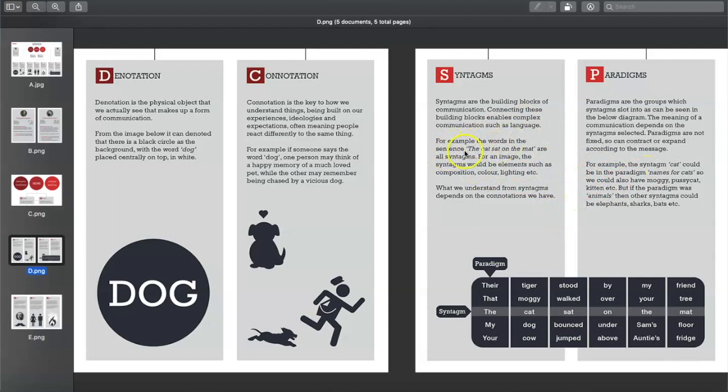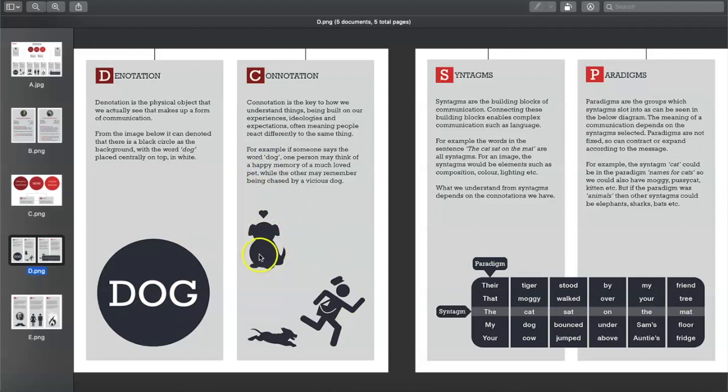For example, the words in the sentence, "the cat sat on the mat," are all syntagms. For an image, the syntagm would be elements such as composition, color, lighting, etc. What we understand from these depends on the connotations we have. So it's similar to this in that if you see the symbol dog, you might think differently about a dog depending on your experience with dogs.